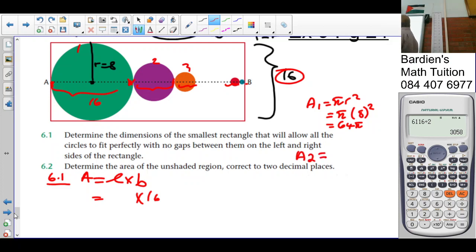Area of circle 2 is going to be 1/4 of this area. So you've got 1/4 of area of circle 1. It's going to be 1/4 times 64 pi, and 64 divided by 4 is 16 pi. But how do you calculate the area of a circle? Pi r squared.